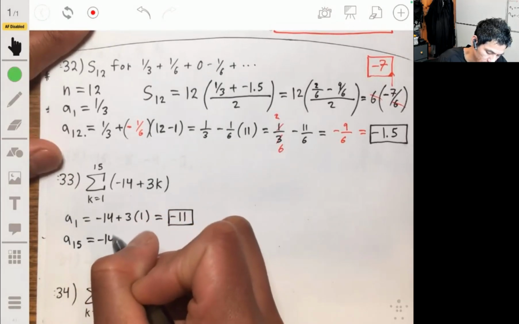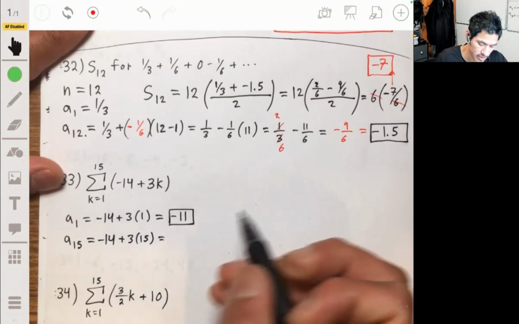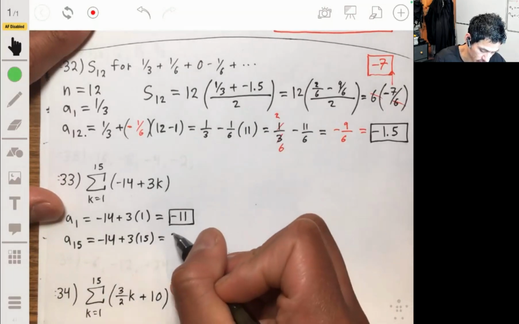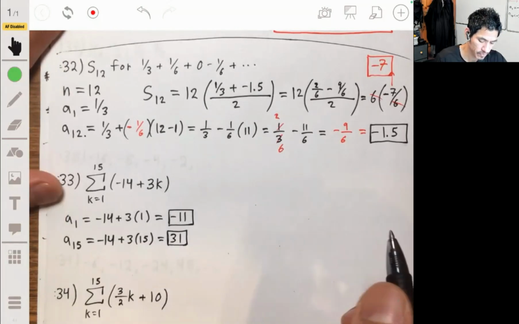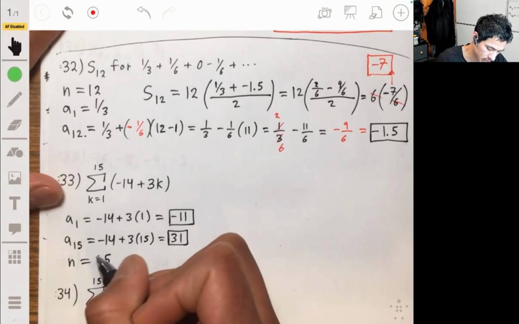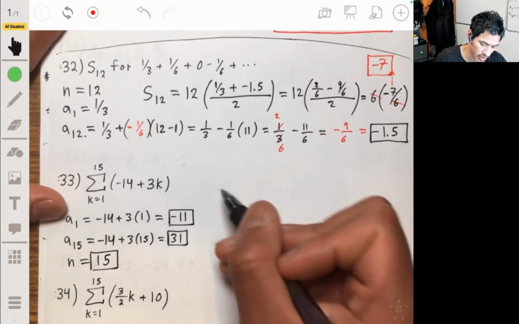A15 will be then negative 14 plus 3 times 15. So negative 14 plus 45. That'll be 31. Our n is 15. So now we plug all these into our formula.